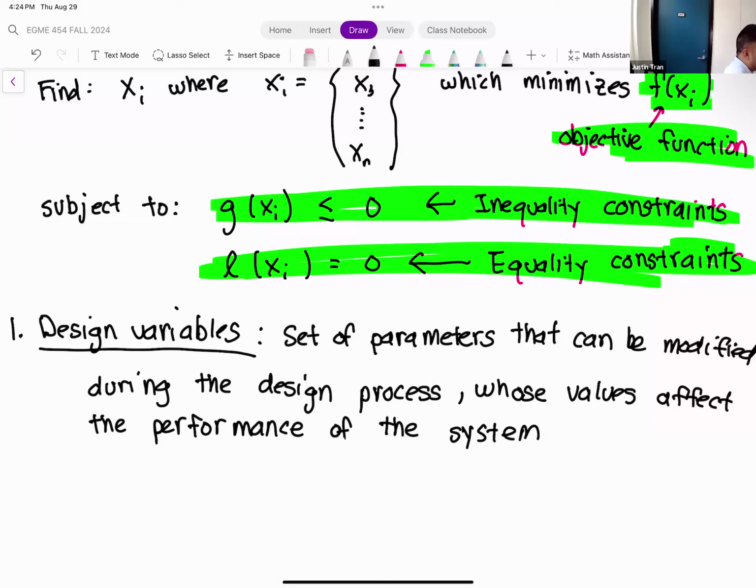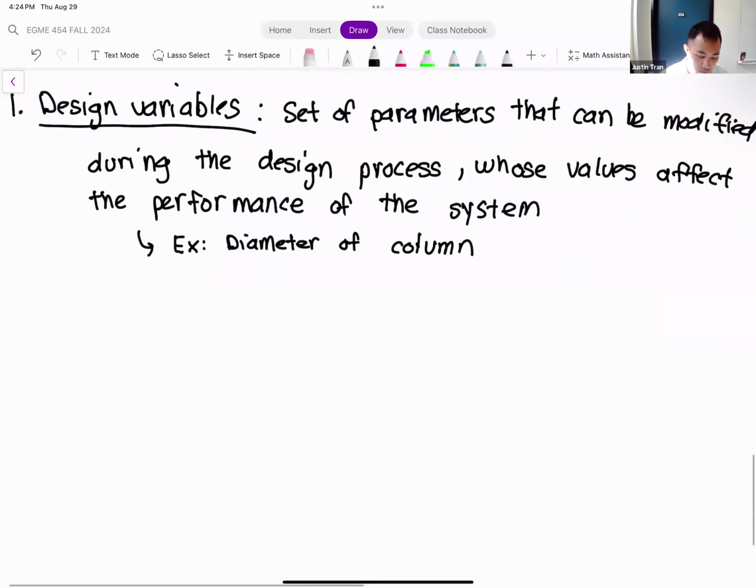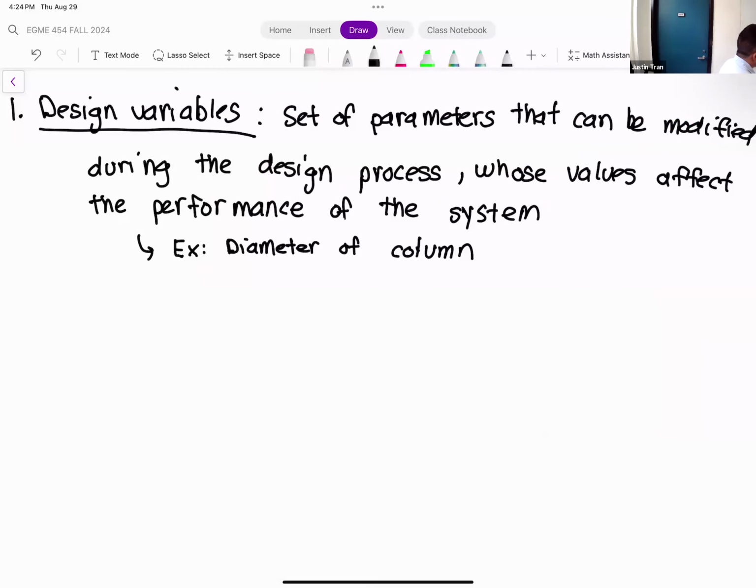That design variable was the diameter. Basically, any variable or parameter in your engineering system that you have some degree of freedom to change can be considered a design variable.